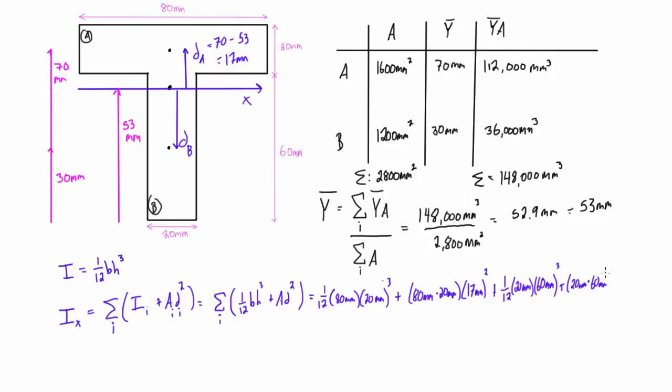When we crunch that in our calculator, we get 1.5 times 10 to the power of 6 millimeters to the power of 4. Often we'll want to write this in units of meters to the power of 4, so we'll write this as 1.51 times 10 to the power of minus 9 meters to the 4.